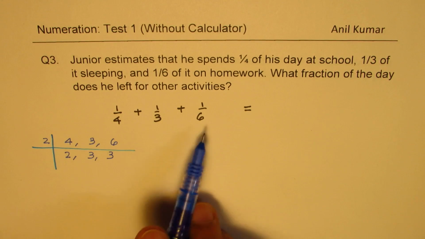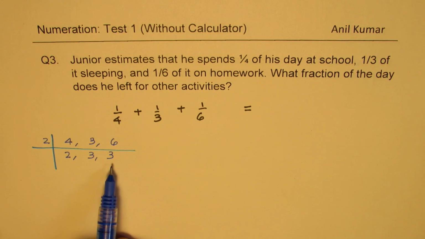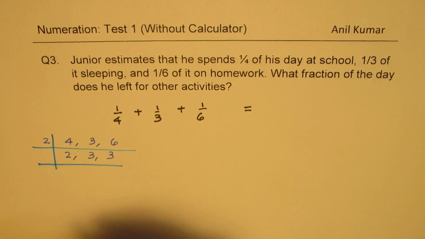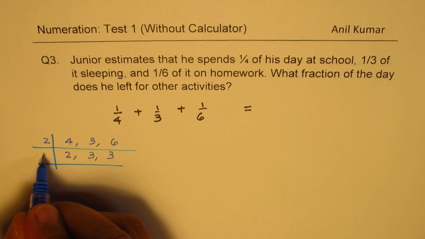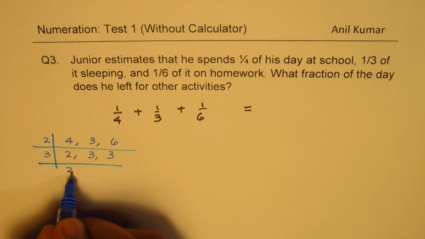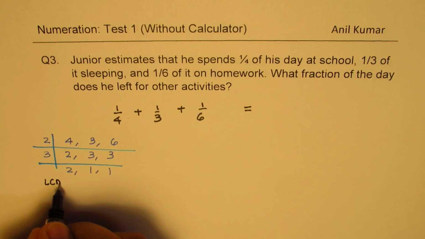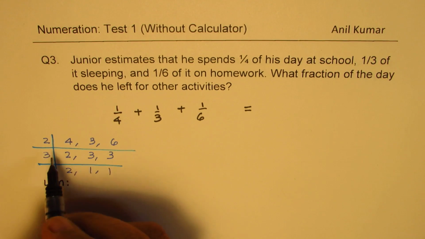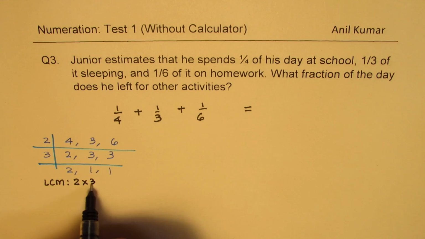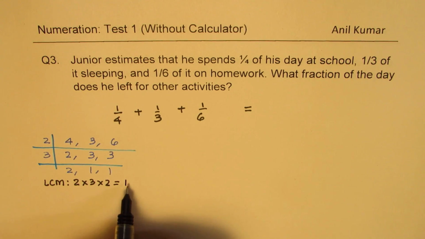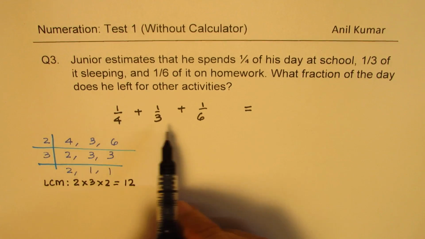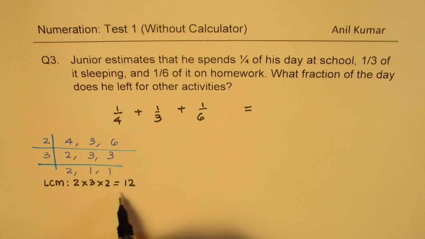So see, instead of 24, we get a denominator which is smaller. See how? We have 3 and 3. We can still take out 3 as a common factor. You cannot divide 2, but you can divide these 2 3's by 3, getting 1. So we get the LCM in this case, lowest common multiple, as 2 times 3 times 2, and that is equal to 12. So we could make each fraction with the same denominator as 12.